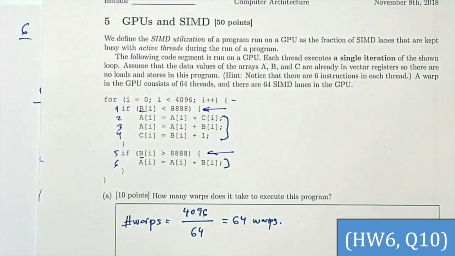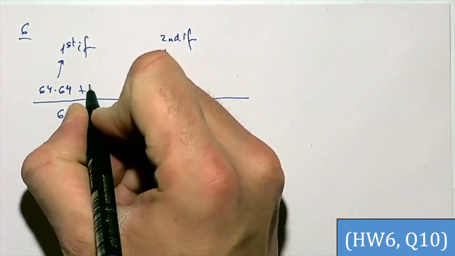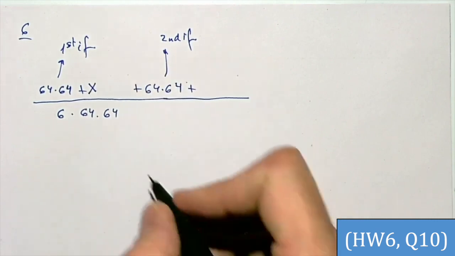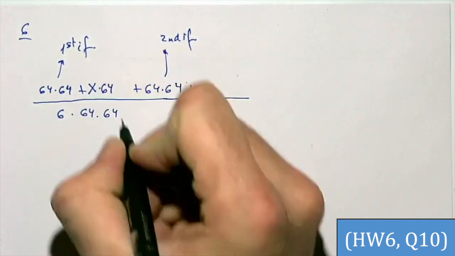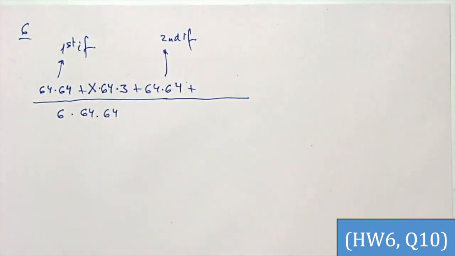We don't know how many threads are actually executing these 3 instructions, but it is likely that not all the threads inside the same warp execute the same instructions, right? So let's assume that there is a number of threads, X, in each warp that executes these 3 instructions.